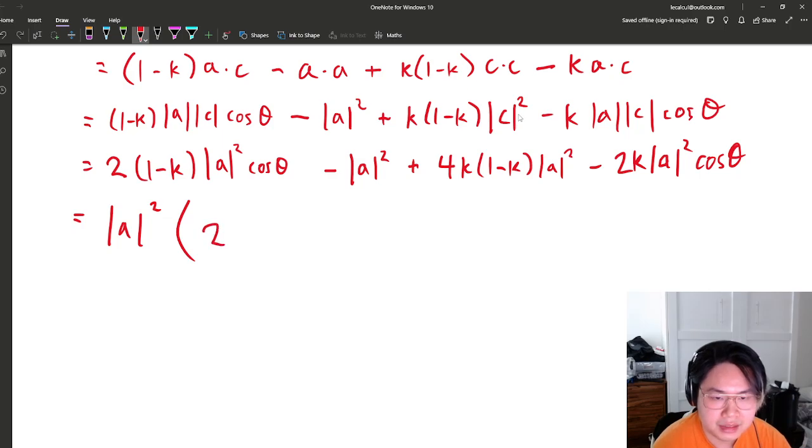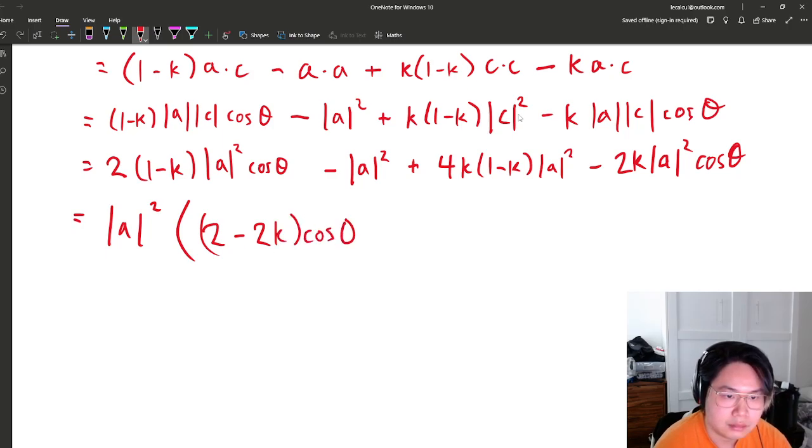Okay, I'm gonna multiply the 2 in. And then I'm gonna move the other cosine term beside it to stay organized. And then I'm gonna multiply the 4k in.